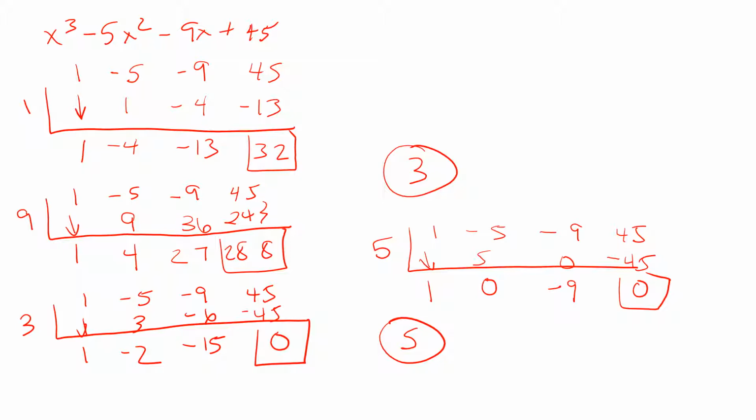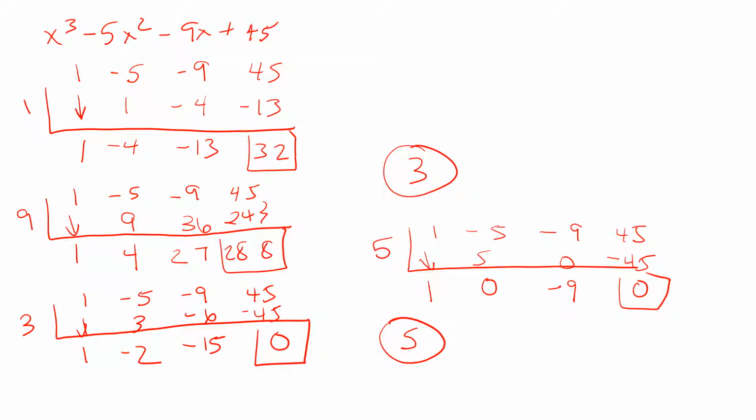So 5 is another rational zero. This particular problem could have a possibility, it doesn't have to, of 3 rational zeros because it's a third degree equation. The degree tells you the number of zeros that you're going to have. Because this particular problem already has 2 rational zeros, 3 and 5, it is probably going to have a third rational zero.